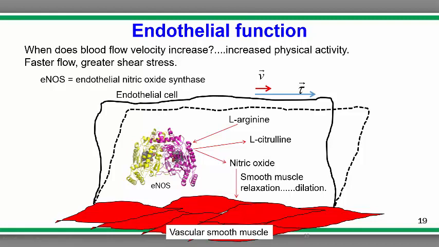As a result, nitric oxide will induce smooth muscle relaxation, and when the smooth muscle relaxes, that vessel will dilate or will increase in size and allow that tissue to accommodate more blood flow. More blood flow means that more oxygen can be delivered to that tissue. So this ends part 1C of our unit.